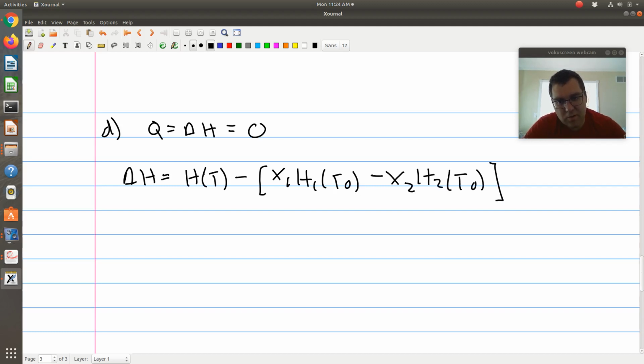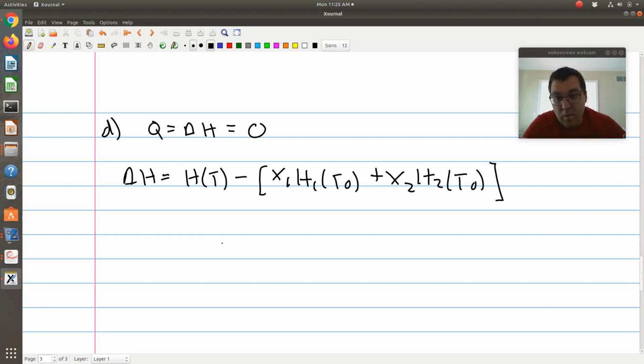So the change in enthalpy for my system is the final enthalpy of my mixture at my given temperature minus the molar average of those pure component systems I'm mixing together at T naught. This looks essentially just like ΔH of mixing. When I wrote it in its extensive form, it takes the simple form of an enthalpy balance. Here it's just intensive. If you multiplied through by N, that'd be NH, N1 H1, N2 H2.